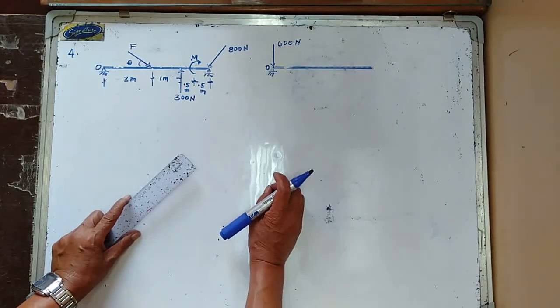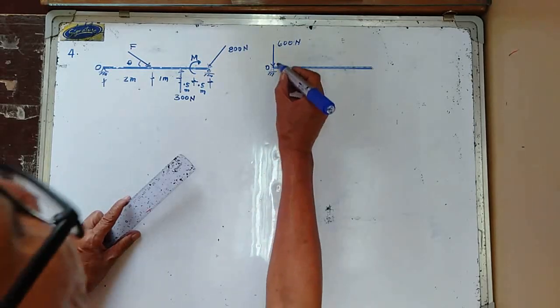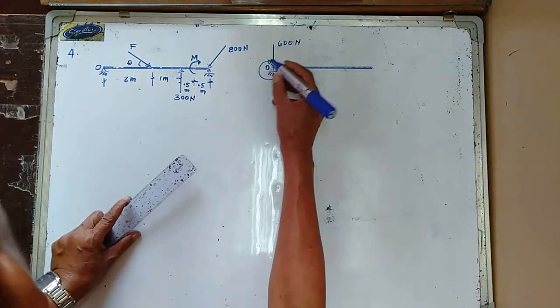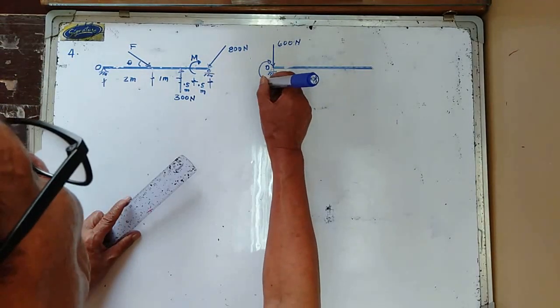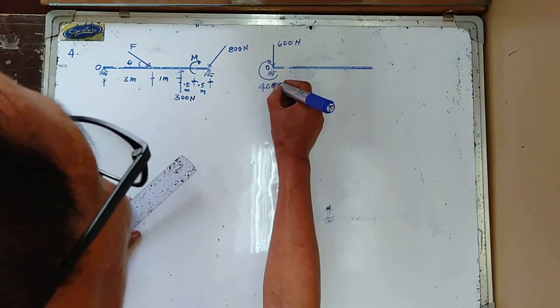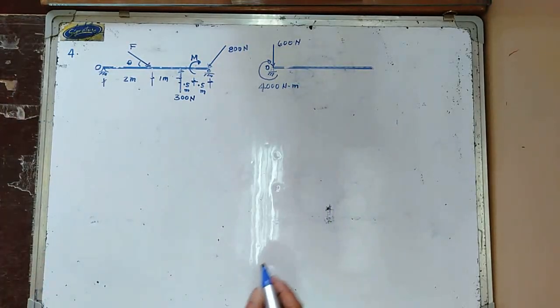And a clockwise couple, which is equal to 4,000 Newton meter.